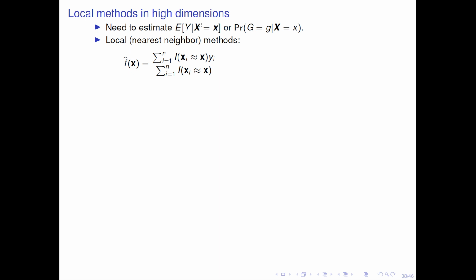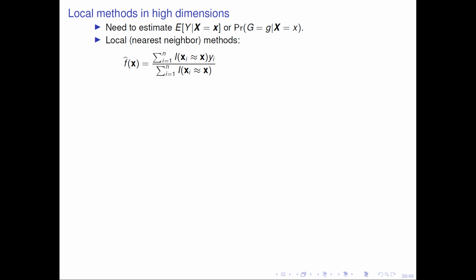So that's the optimal thing to use if we want to predict with this square error loss function. If we have classification, actually we need to find the class that has highest probability. That would be the optimal in that case. But let's concentrate on this expectation.